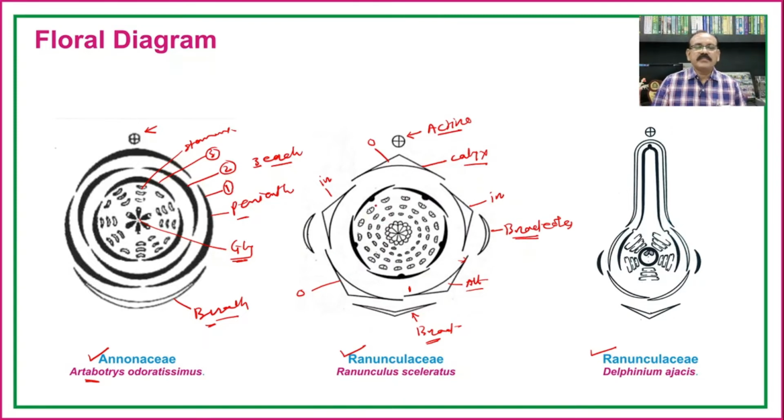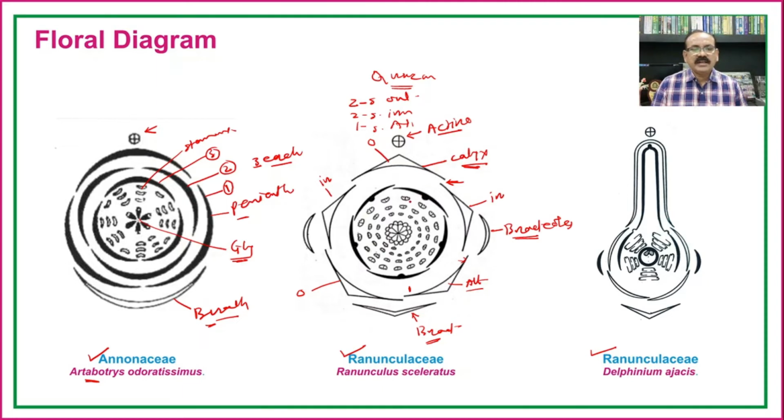Means in this type of aestivation, we find two sepals outer, then two sepals inner and one sepal alternate. Such type of aestivation is quincuncial type of aestivation, and the sepals are free, hence here there is no joint in between these sepals. So that is a polysepalous type of condition.